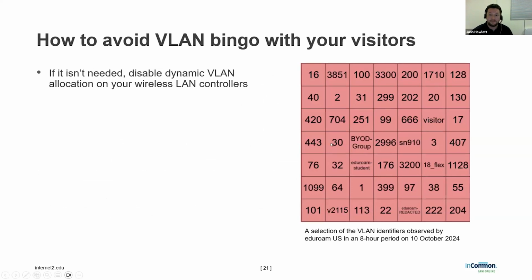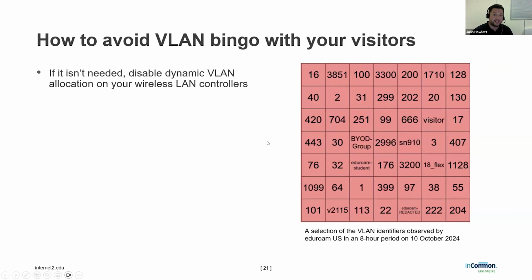So it is quite interesting how many of these identifiers we see operationally. There's just a selection here of VLAN identifiers that we scooped off the top-level RADIUS servers a few days ago. You may recognize some VLAN identifiers for your own network there.